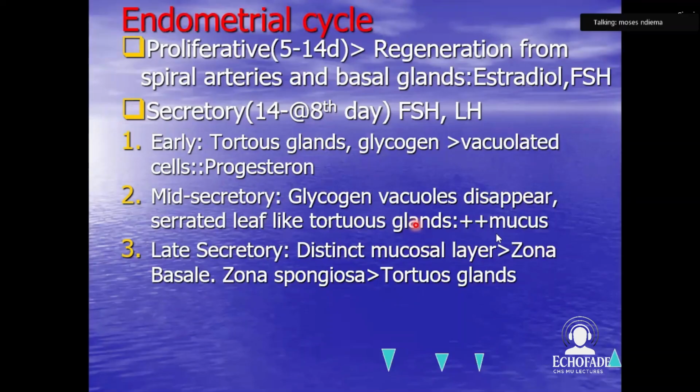So the cell is very thick, containing mucus and glycogen, and that's why these particular glands are tortuous. So at this stage, the endometrium looks edematous, like fluid-filled areas.